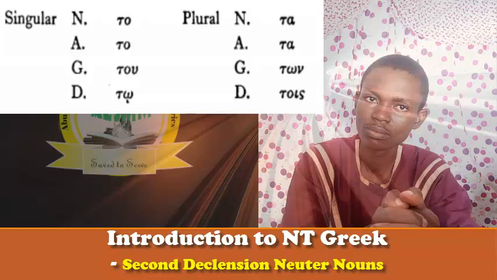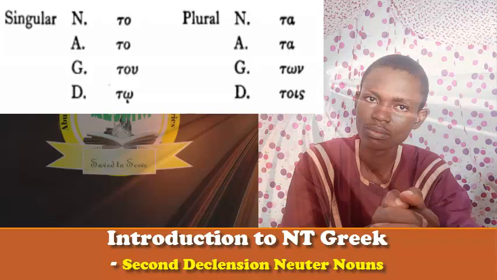The accusative singular is also what? To. The genitive will be tou, of the. While the dative will be to, that is to the or for the.